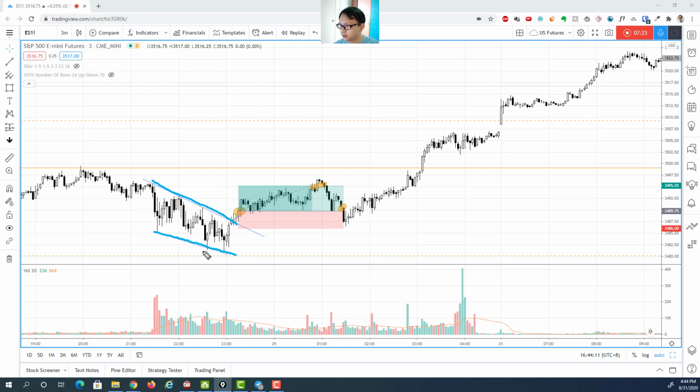But let's take a look at this hammer here. This hammer comes with an increase in volume and is followed by a rally, and this rally actually kind of stopped within this descending wedge, and subsequently we have another reaction down which forms a slightly lower low here.